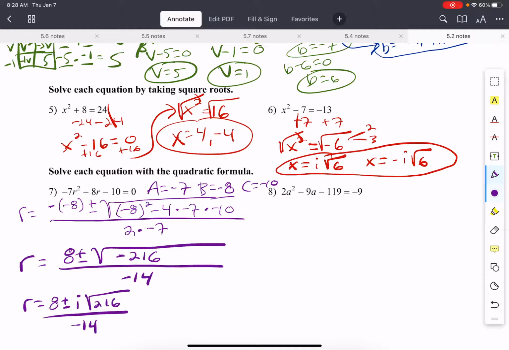Oh, it's not? I thought it was. My bad. 256 is the one I was thinking of. Okay, we got to do a factor tree. 2 and, what is that, 108? I think. Your guess is better than mine. Yeah. Okay, then what? 2 and what? There we go.